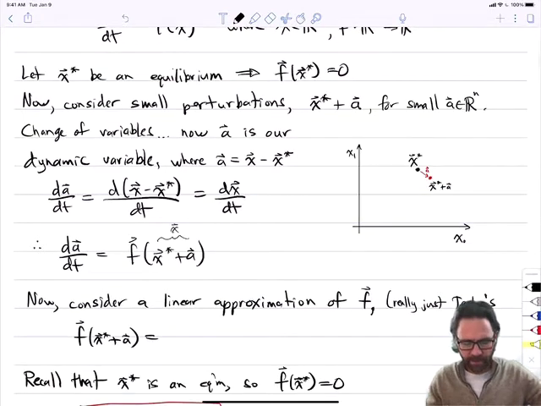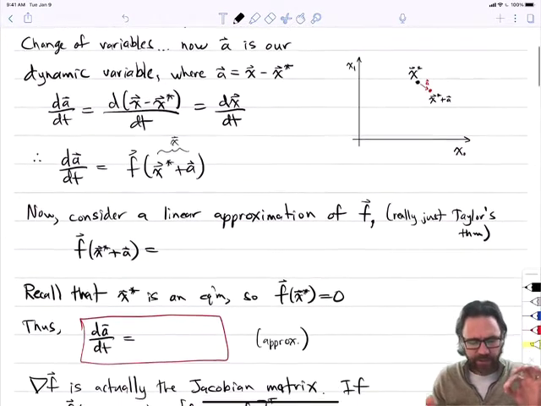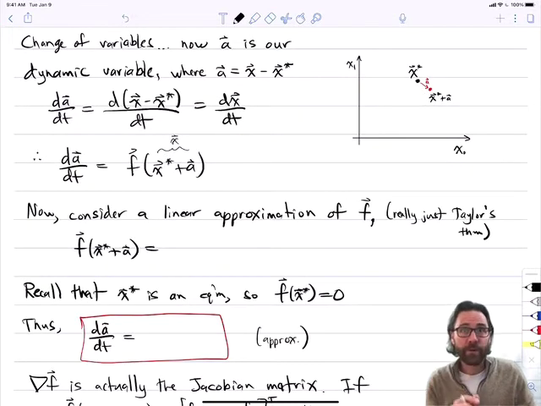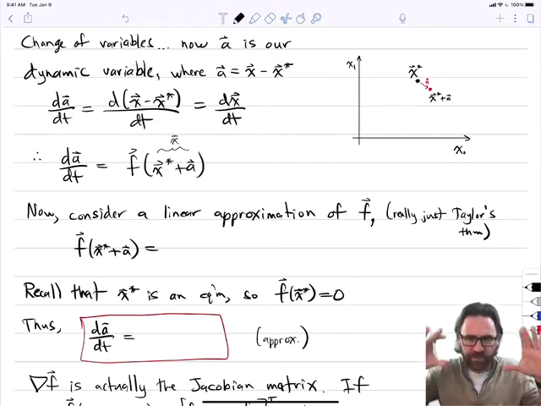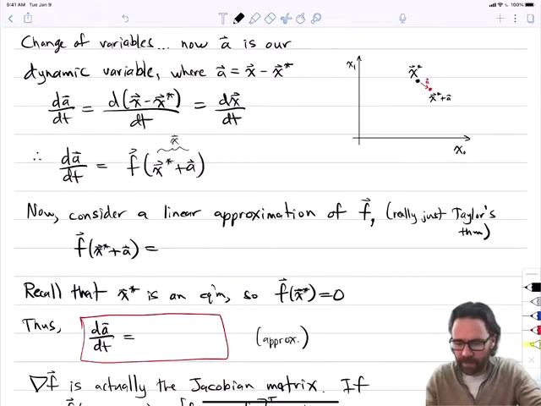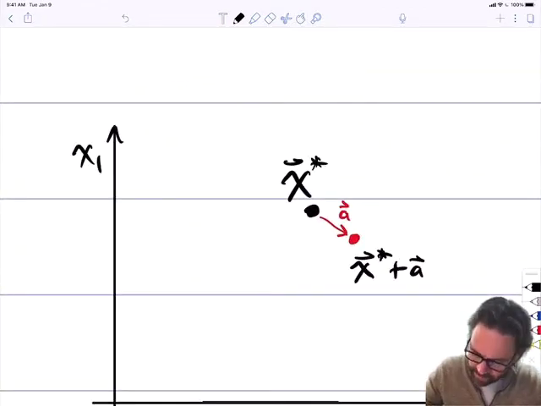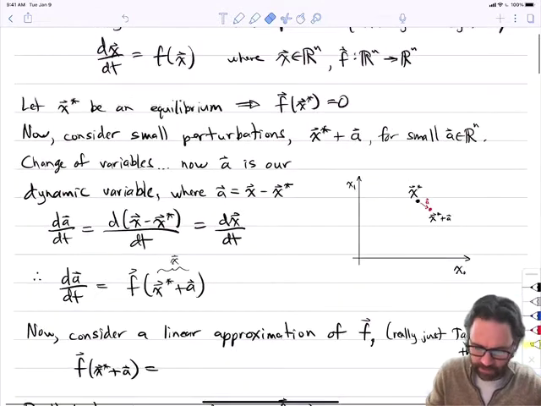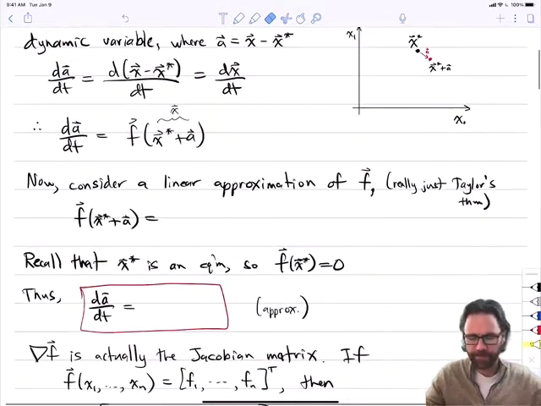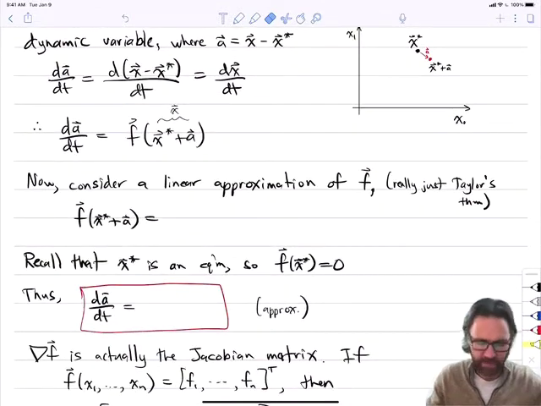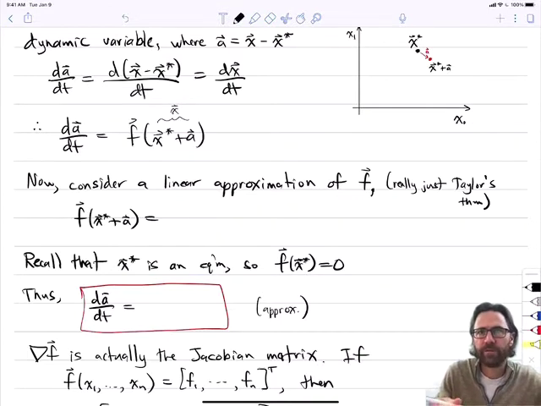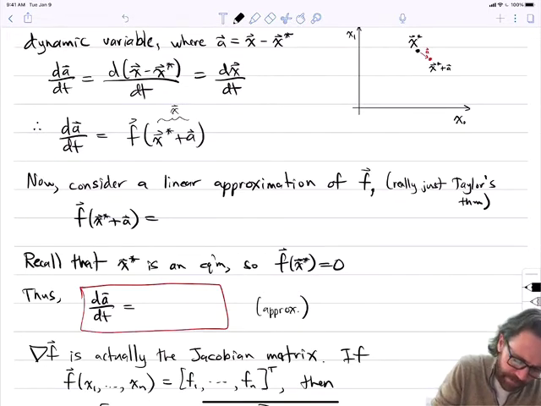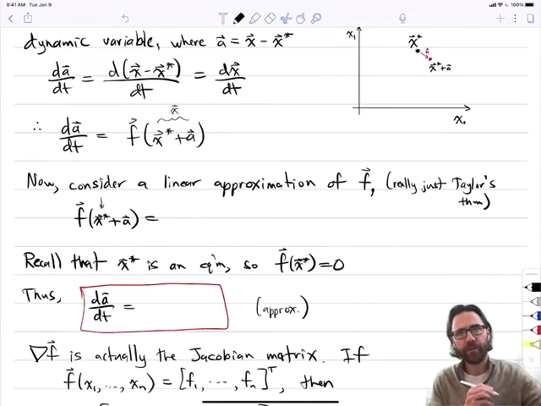Okay. Now, we're interested in what happens in the neighborhood of the equilibrium. So we're going to sort of zoom in on that equilibrium and look at how things behave for these little deviations, these little perturbations. So to do that, we're going to use Taylor's theorem. So Taylor's theorem applied to f, centered on the equilibrium.